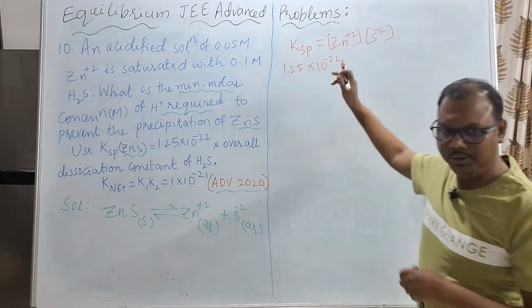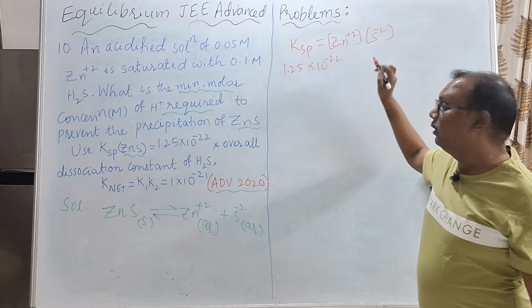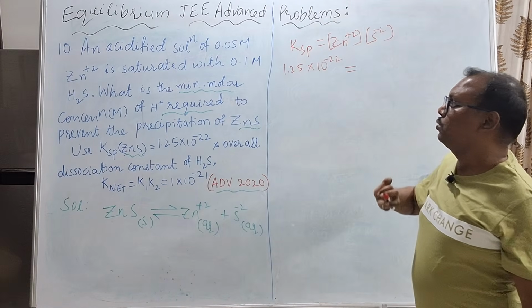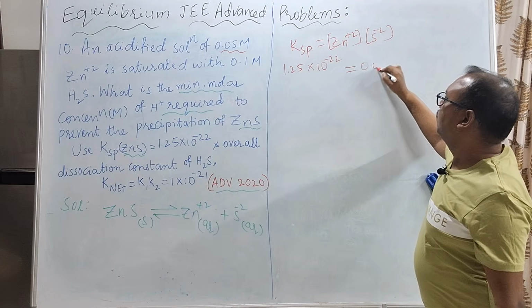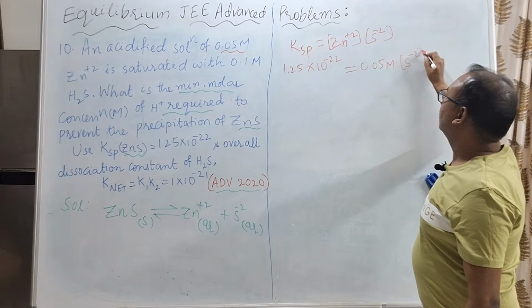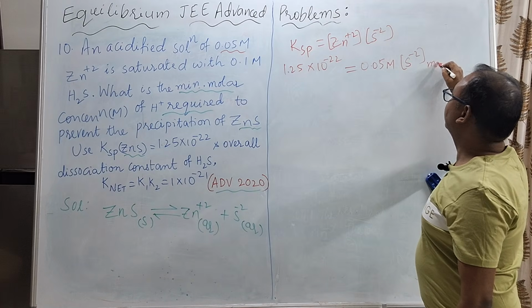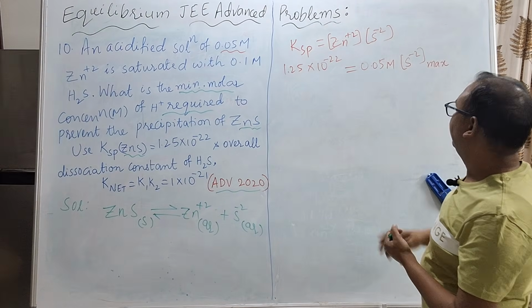That is equal to Zn2+, which is given as 0.05 molar, into the sulfide ion concentration. It is actually the maximum that you have to find out.